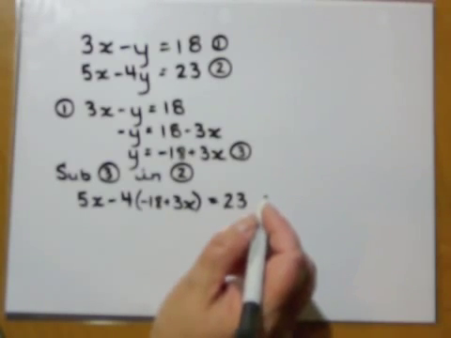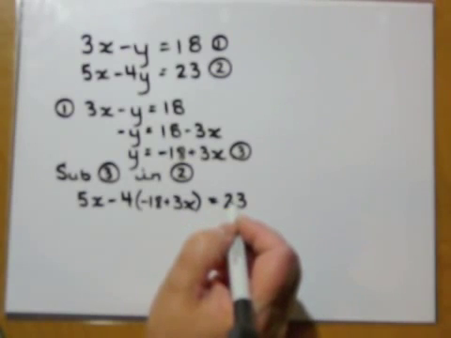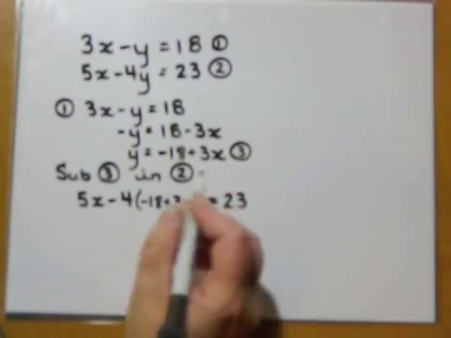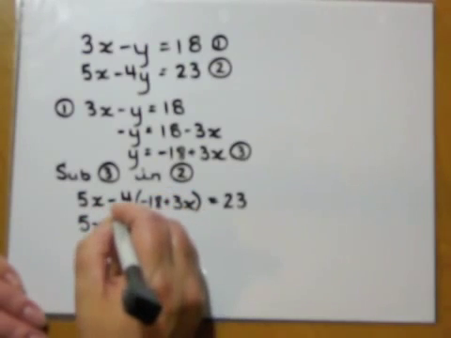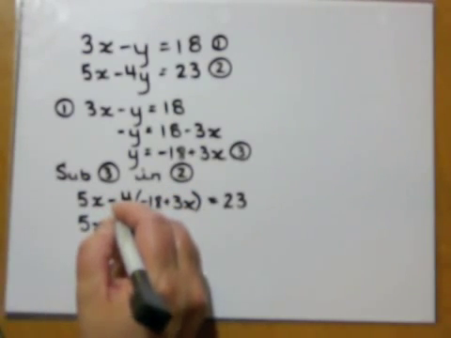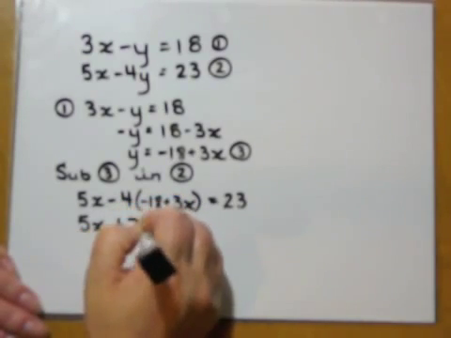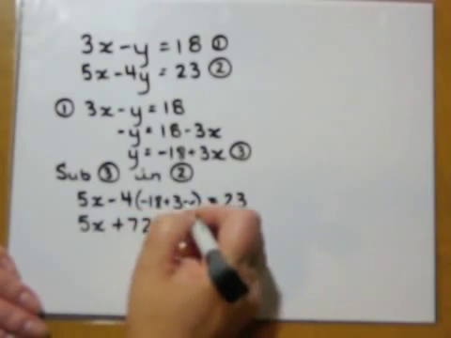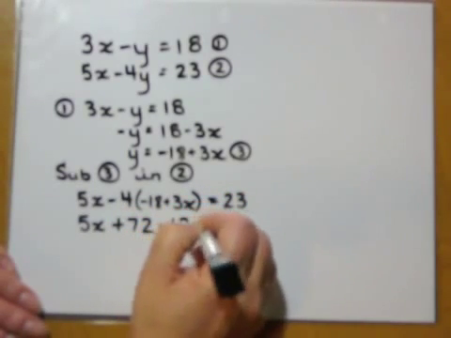Now I have to use the distributive law to expand and simplify. So what that gives me is 5x and negative 4 times negative 18 is going to give me positive 72, and negative 4 times positive 3x is going to give me negative 12x.